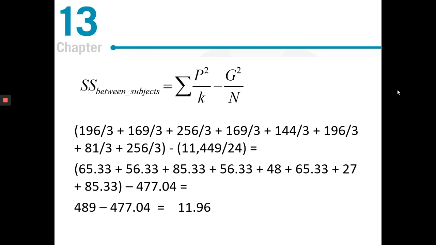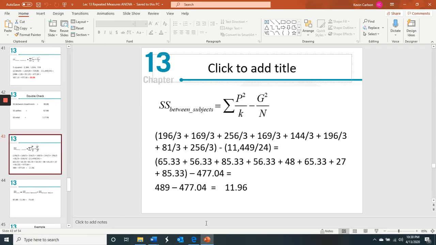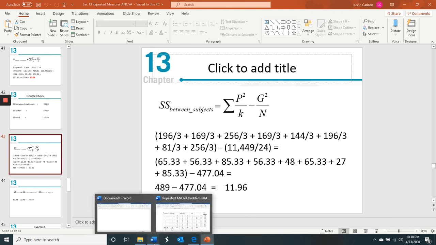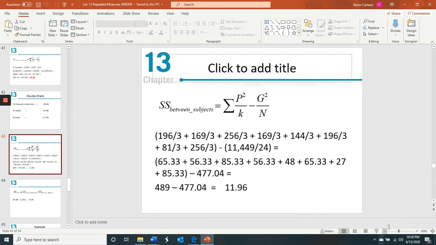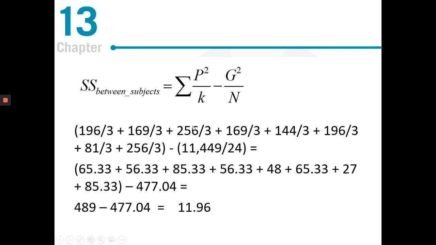So I'm going to take the P squared divided by K. K is 3. So again, there's 3 levels, the sound conditions. And I'm just taking the P squared from here, 196, 169, 256. You can see it here, 196, 169, 256.